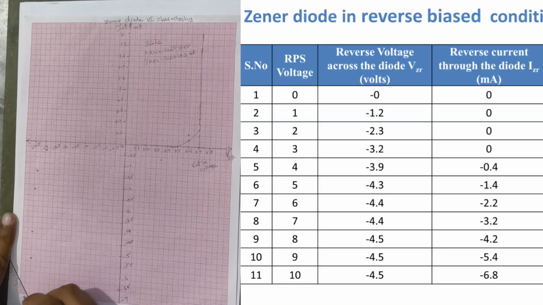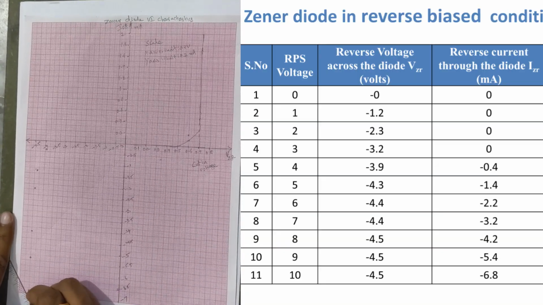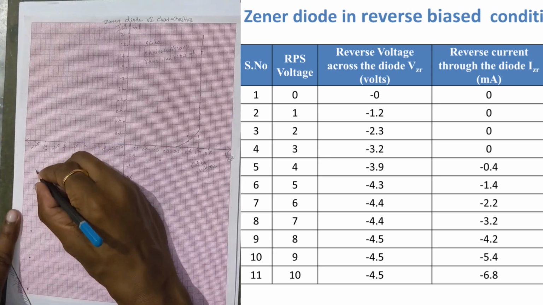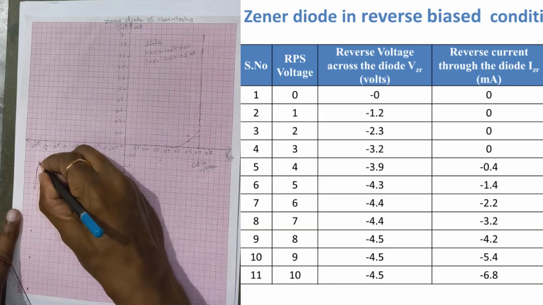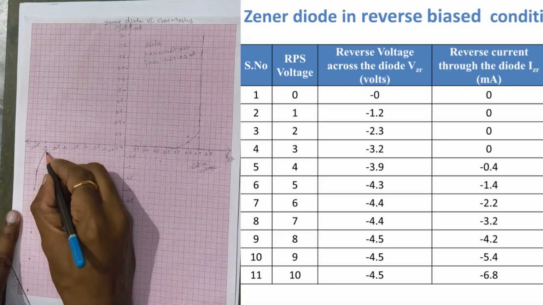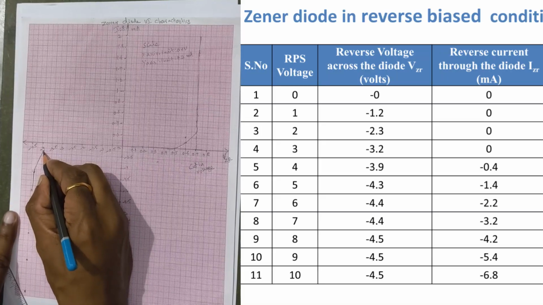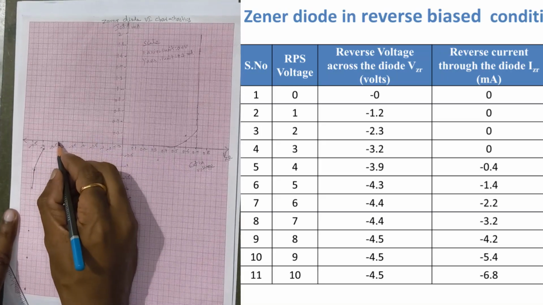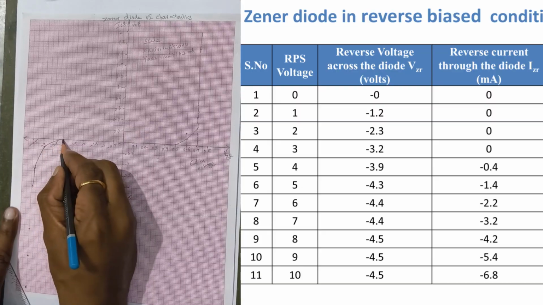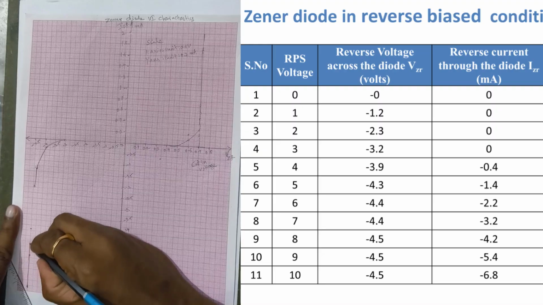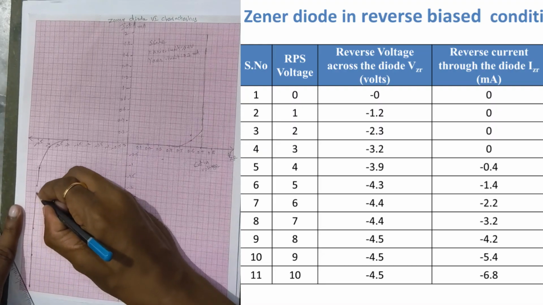At minus 4.5, 5.4, this is a point. At minus 4.5, 6.8, this is a point. Now if you connect all these points, you can obtain this graph.